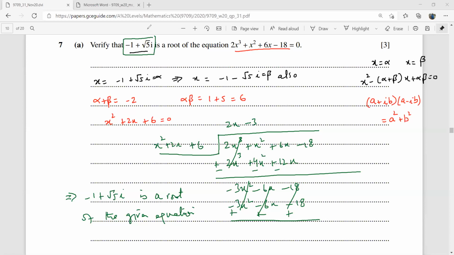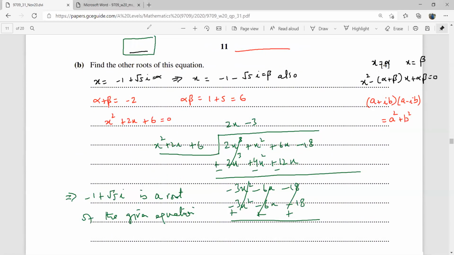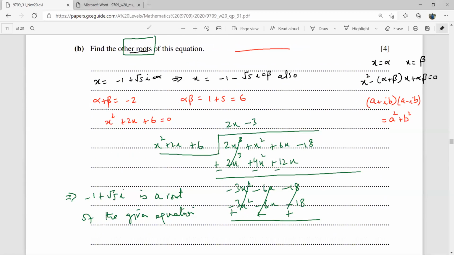Now, if I take you to the second part here, it says find the other roots of this equation. Now, all this working can be stated again. You can say, okay, look, if x is the root of this, then the second root is this, and you can tell that this is the conjugate pair of that.